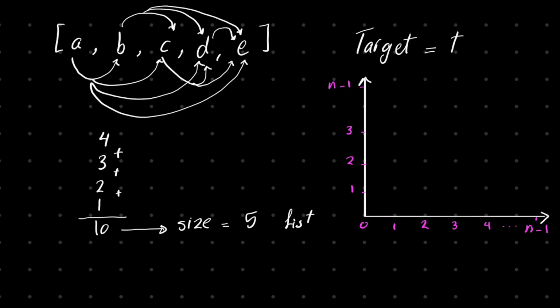So to try every possible pair, you're comparing index 0 with index 1, index 0 with index 2, index 0 with index 3, index 0 with index 4, and so on until index 0 with index n minus 1. And then you'll try index 1 with index 2, index 1 with index 3, index 1 with index 4, and so on.